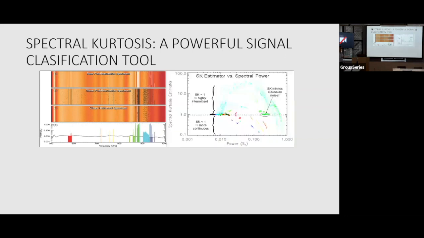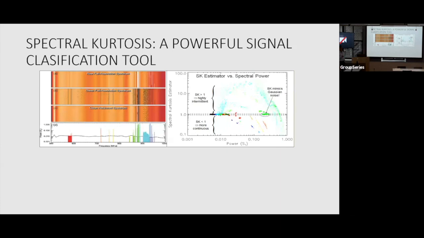Now, when I say that spectral kurtosis is a powerful signal classification tool, it's not only that. You can look at the data in a different way. You put on one axis all the powers in your data, and on the other all the spectral kurtosis values for those powers. When you look at the distribution, you see a very interesting picture.